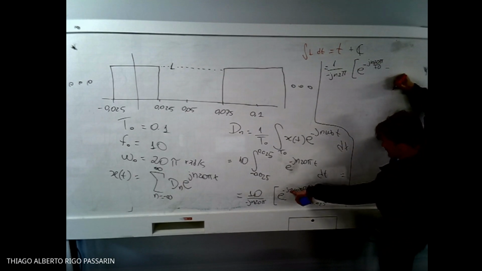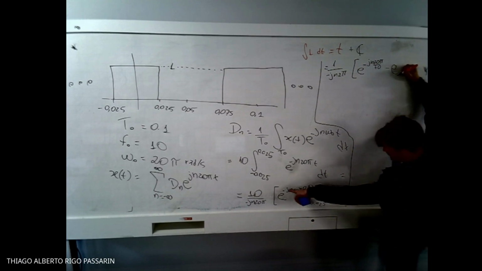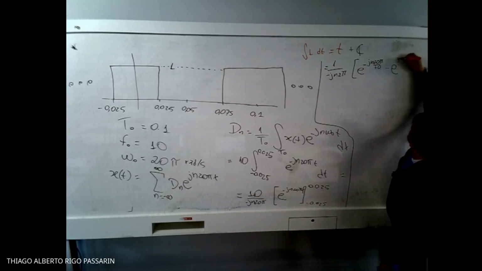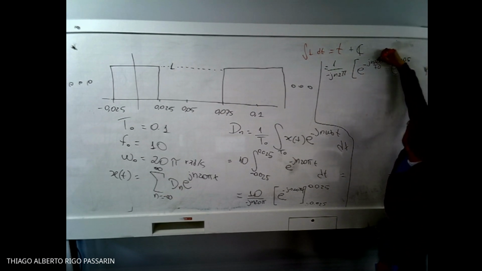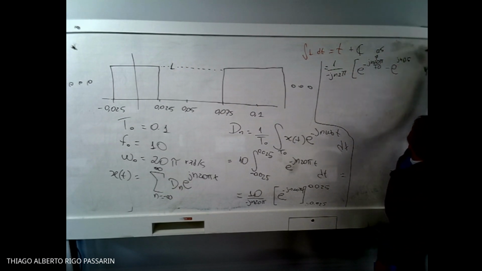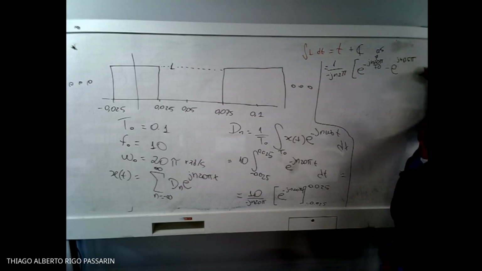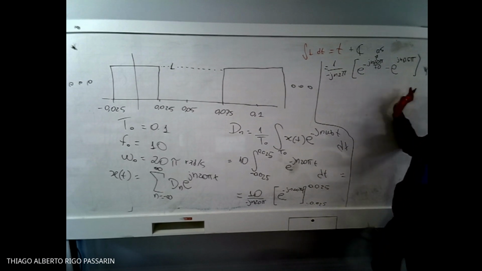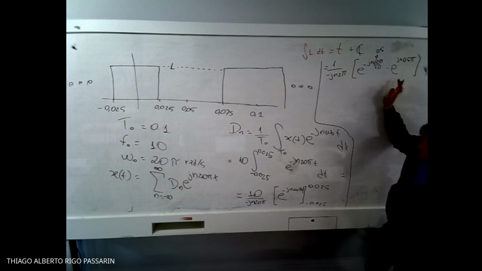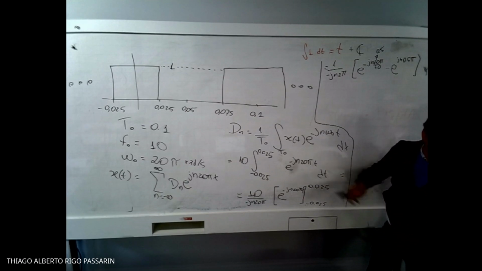Now I substitute this here. e to the plus jn, and 20 over 40 is a half, 0.5. This is also 0.5 pi. T is not present here, and it shouldn't be because we're integrating over t.